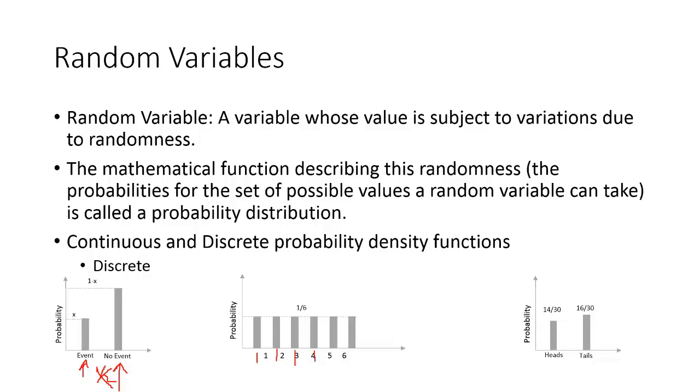This set of possibilities, that is your x-axis, essentially has some countable number of possible states. And so you cannot get a 1.5 when you roll a dice. And similarly, you can't get a half head, half tails when you toss a coin. So that's essentially the concept of it being a discrete distribution.